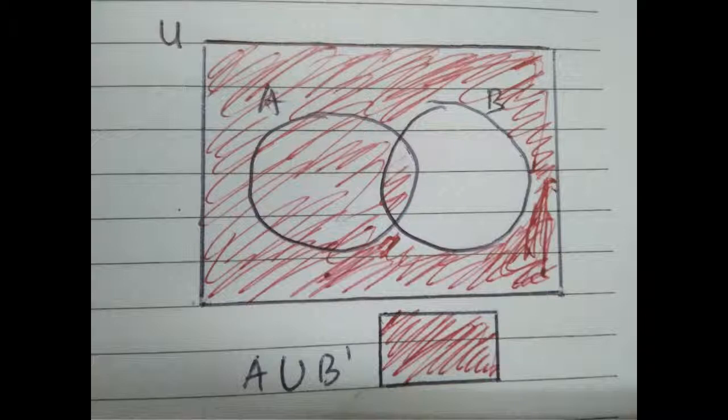We can assume that A union B complement is basically the complement of the only people who do B, because the only area that is not shaded is the people who only do B, or the people already inside B without the influence of the intersection.